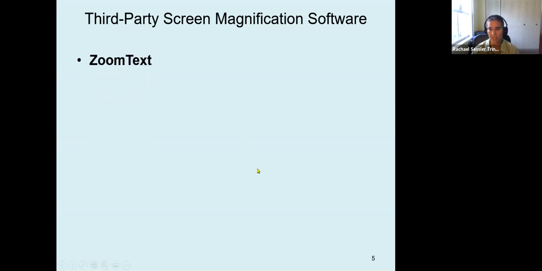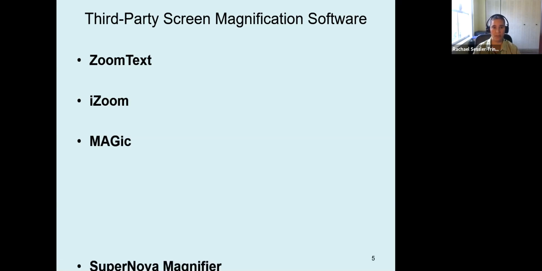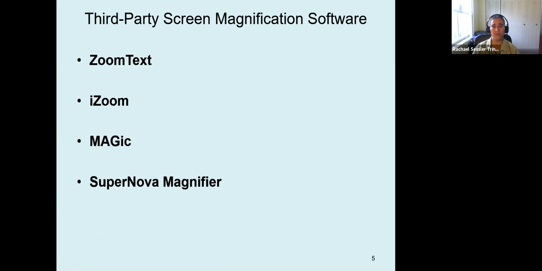So of course, ZoomText, which many of you have heard of and use, iZoom, with a lowercase i and the capital word Zoom, and Magic, which at this point is still around and available. Both Magic and ZoomText are available through Vispero. Another option through Dolphin is Supernova Magnifier. That's not used as much in the States, but it's also an excellent third-party screen magnification program.